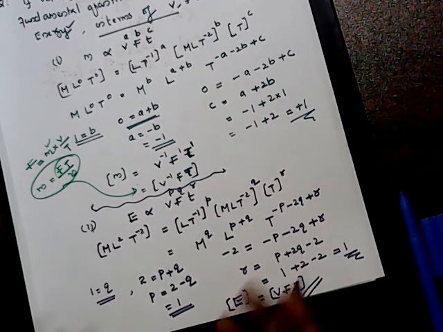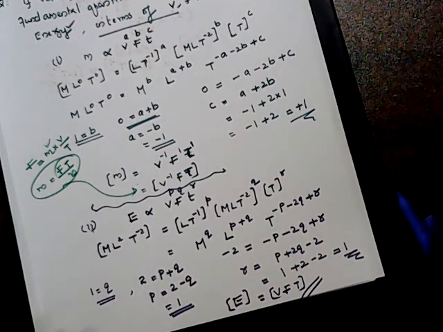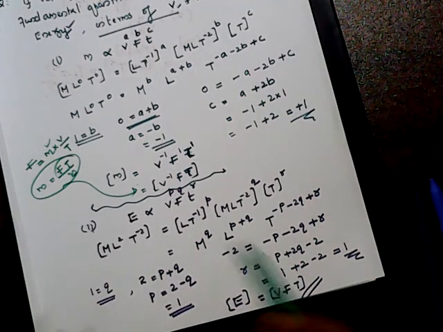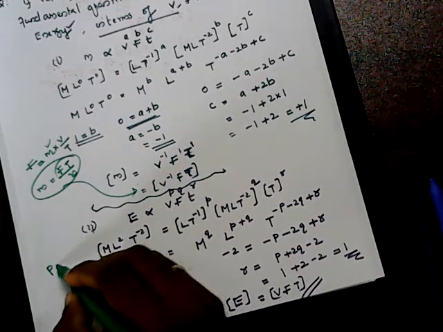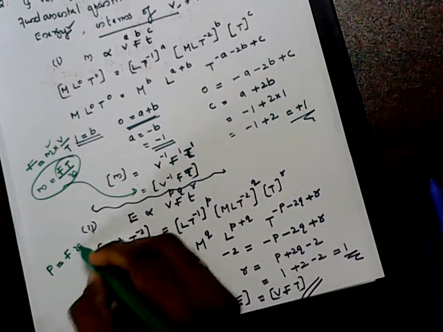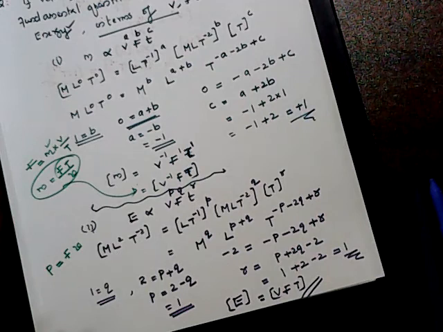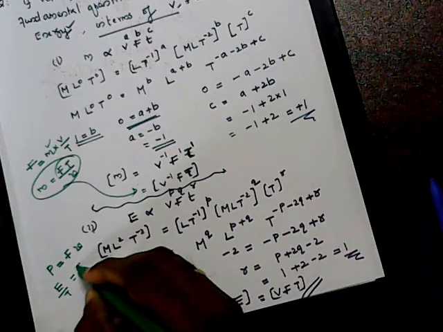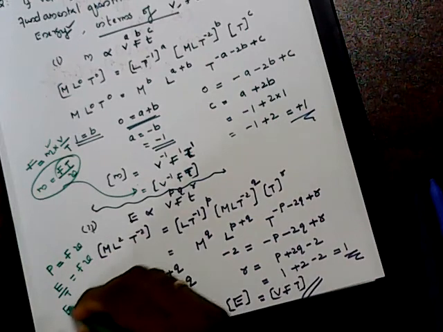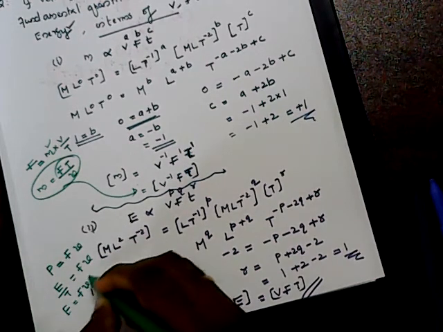But we can easily write this one by using the simple concept, the power, that is power is equal to F into V. So here the power is what? The energy by time. So that is equal to F into V. So energy is equal to FVT.